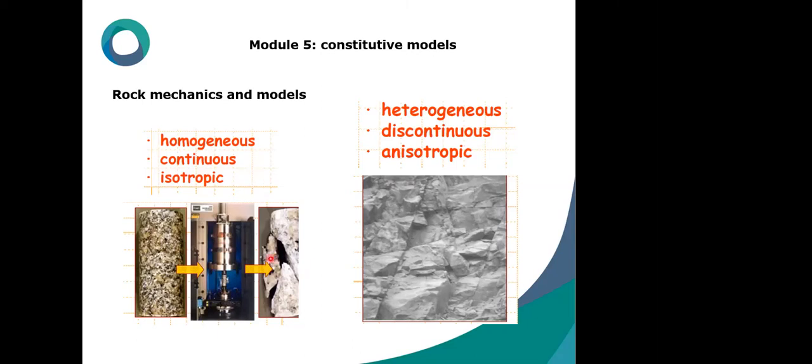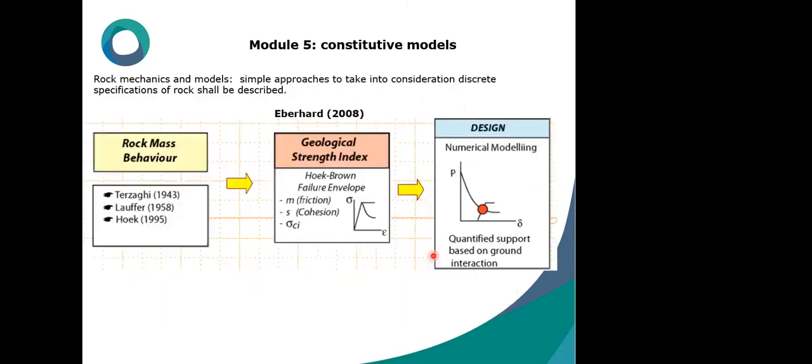Here, you can compare soil to the rock. And simple approaches to take into consideration discrete specification of rock shall be described. Rock mass behavior is the first step. The theories of Terzaghi, Lauffer, and Hoek can be used to explain the behavior.